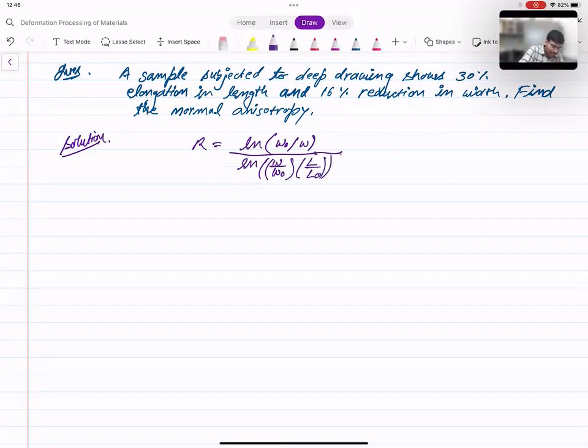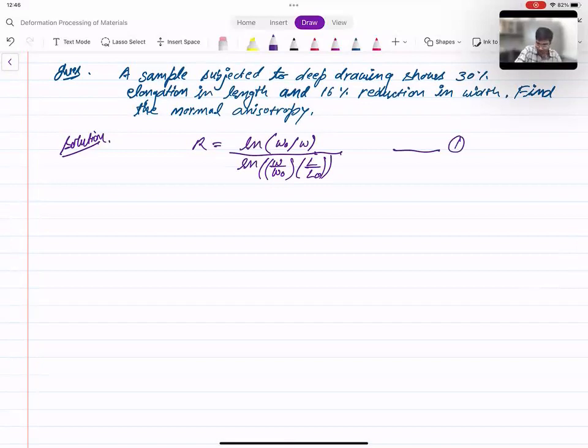Okay. So this was the relation. Now we need to substitute the values so as to get the results. Okay. So since we are not given with the values of width and length, but we are given with amount of reduction, so we can find that.